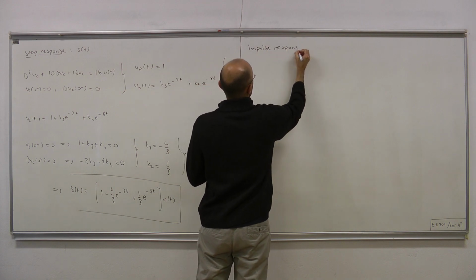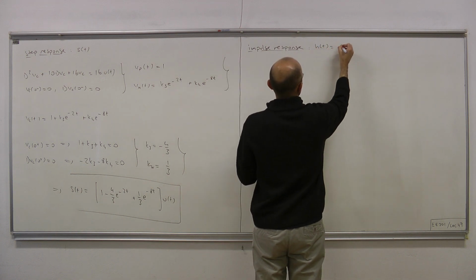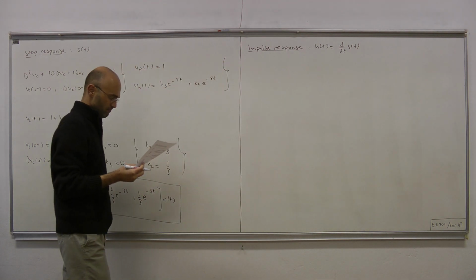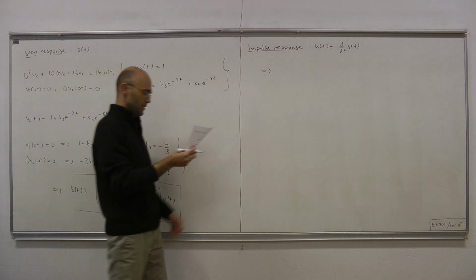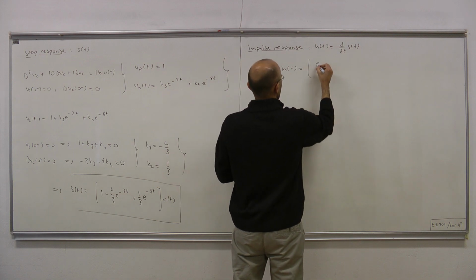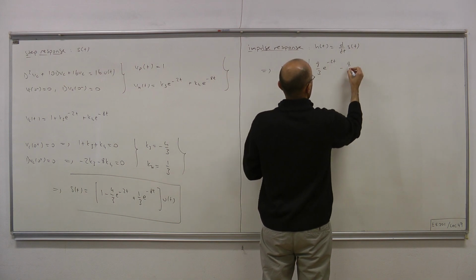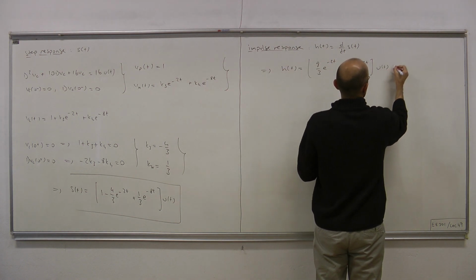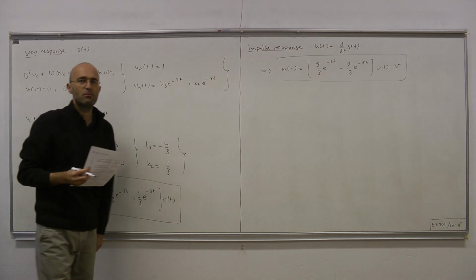Impulse response of the circuit, H of t, simply is the derivative of step response. Step response is here, differentiated, and this is what we obtain. H of t equals 8 over 3 e to the minus 2t minus 8 over 3 e to the minus 8t, times u(t). Okay, so that's the impulse response.